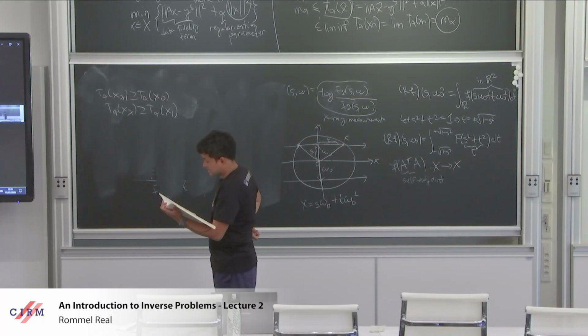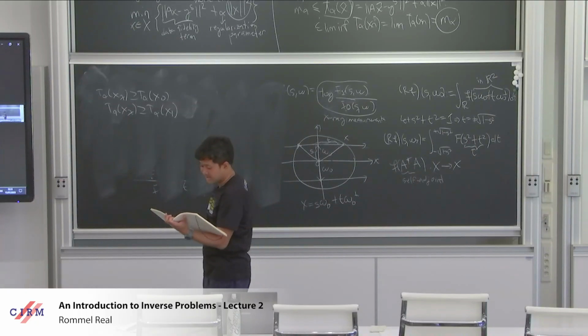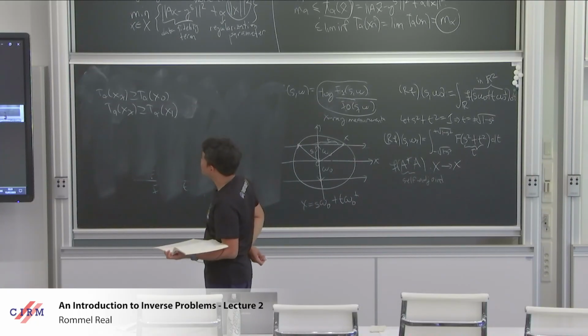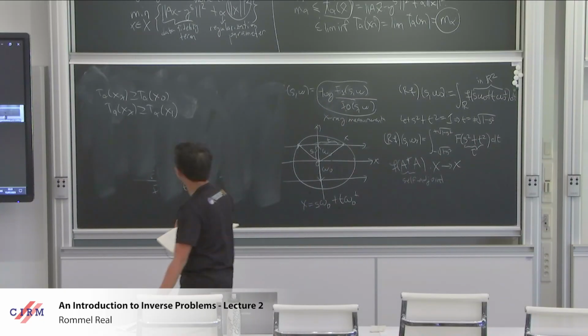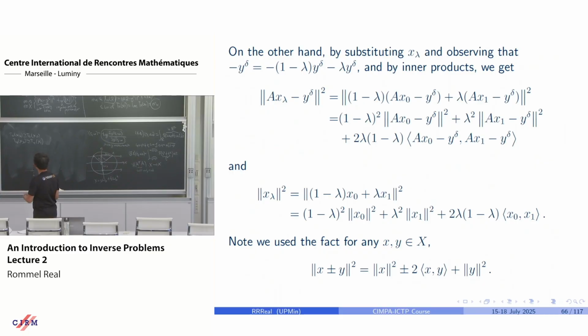Okay, and then also by expanding everything there, by substituting the values of T sub alpha of x0 and x1, you must be able to get this one here. And that's also because if you solve for the square of x lambda, by using the definition of inner product, it will look like this.